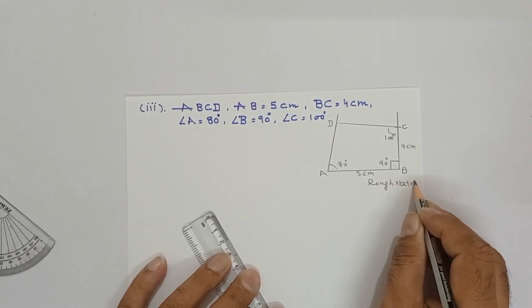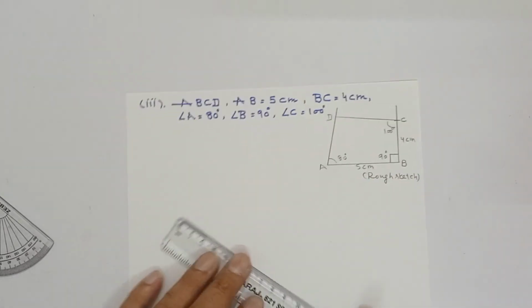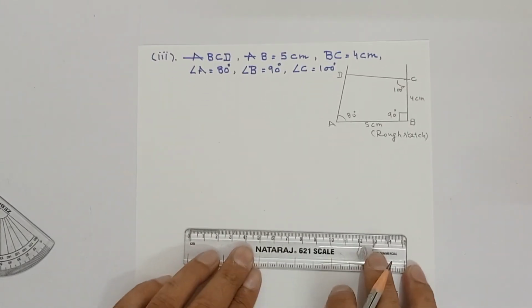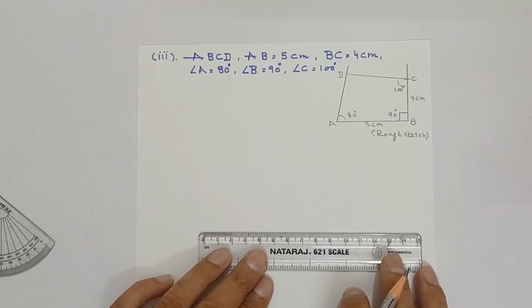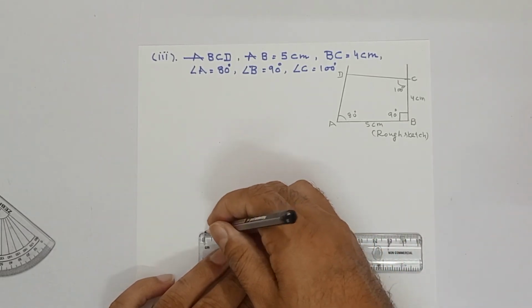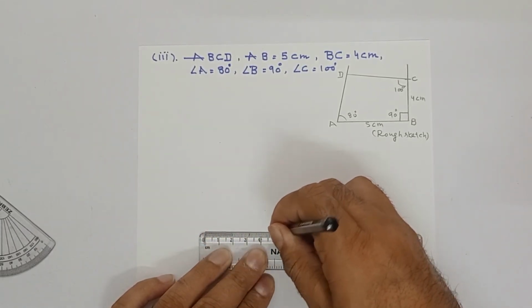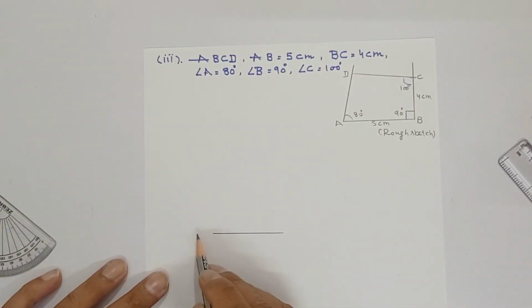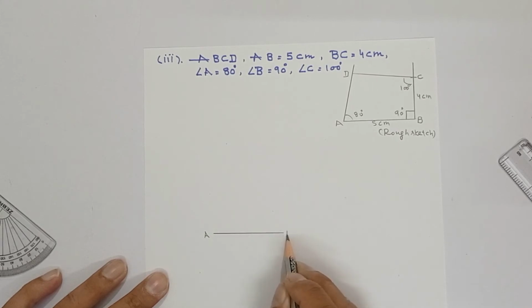So let's do the fair construction. First, you need to take AB 5 centimeter. This is AB 5 centimeter. At AB, you can here label AB.